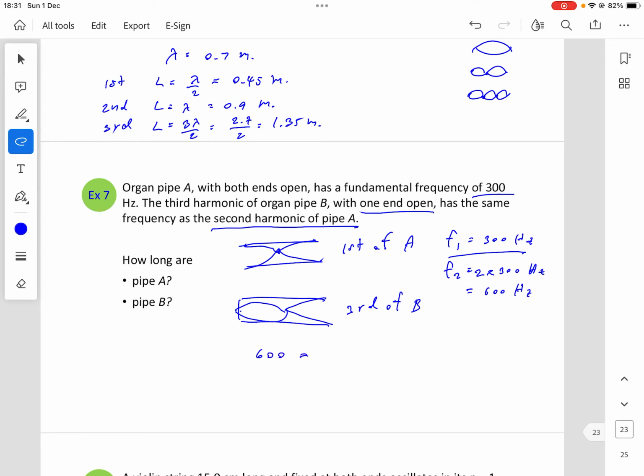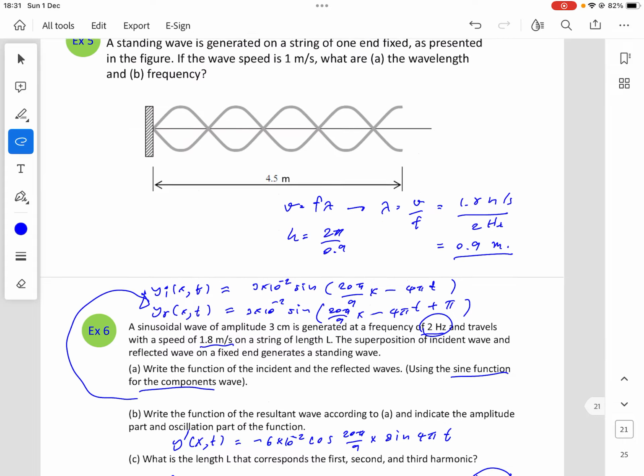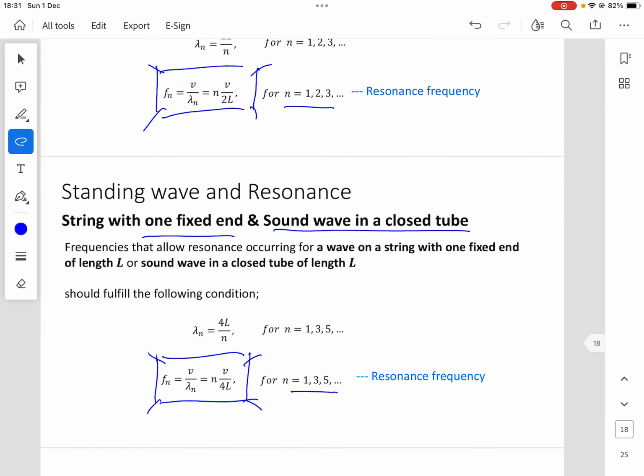the third harmonic of pipe B, right? And the third harmonic of pipe B is the case for 3 multiplied by... Let me go back to that equation actually.